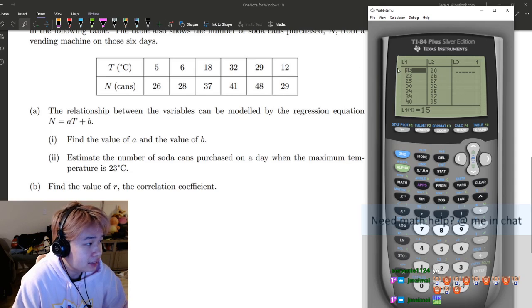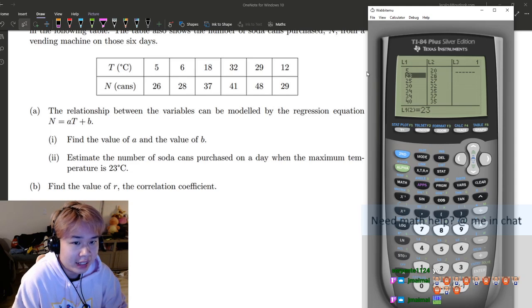By default, the first list is normally your X value or your independent variable, and then your second is your dependent, but it doesn't have to be that way. But anyways, let's just add in these numbers.